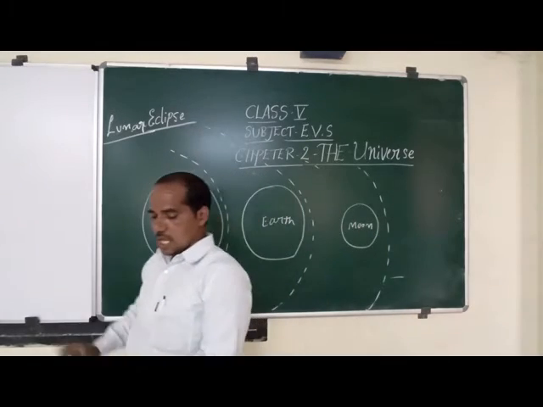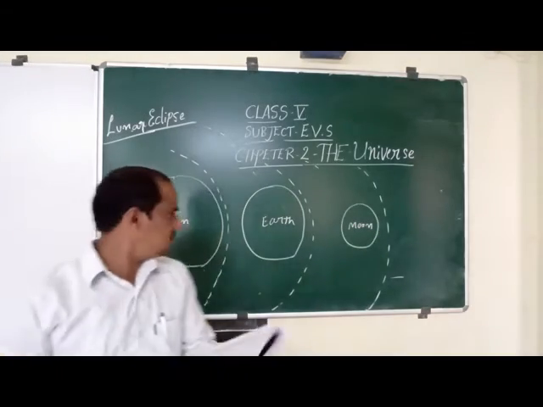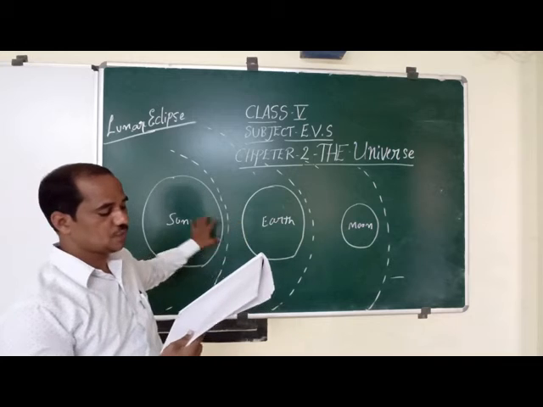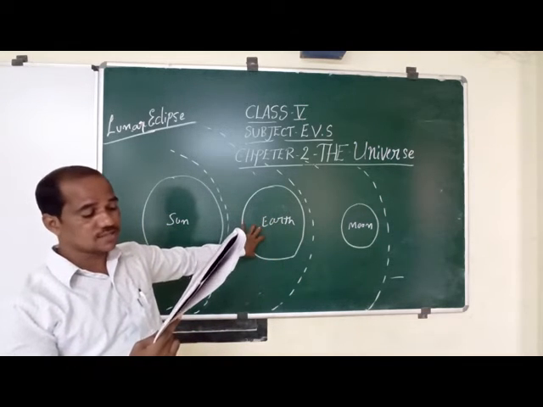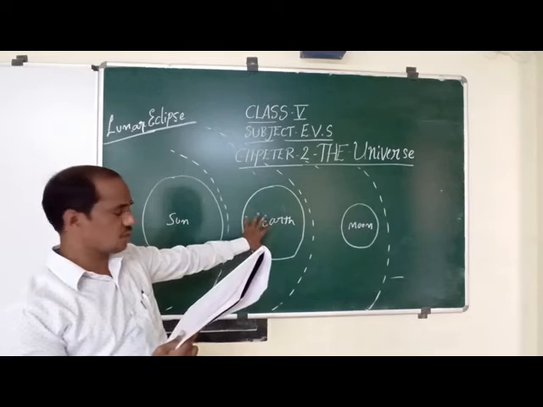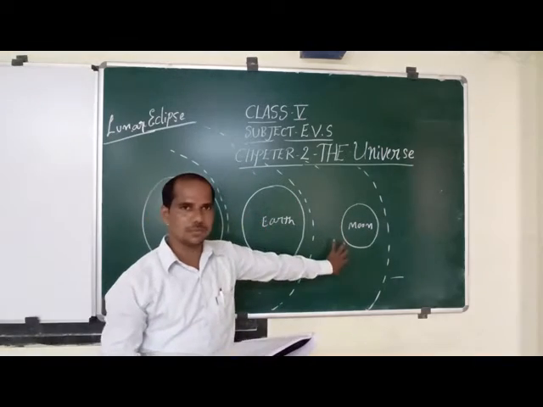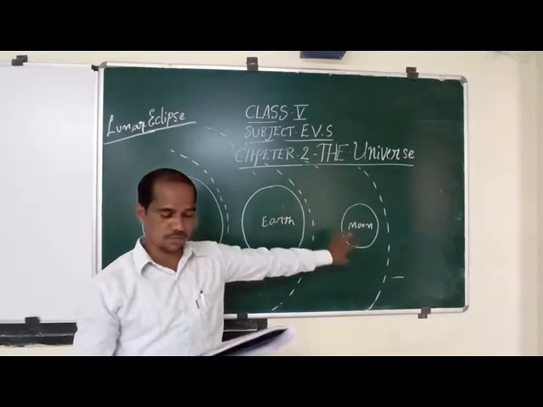When the earth comes in between the sun and the moon, and the earth blocks the sunlight, it casts a large shadow on the moon.